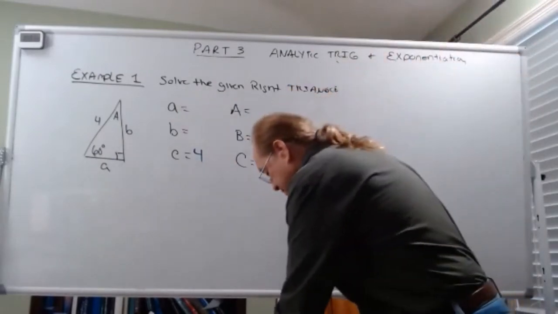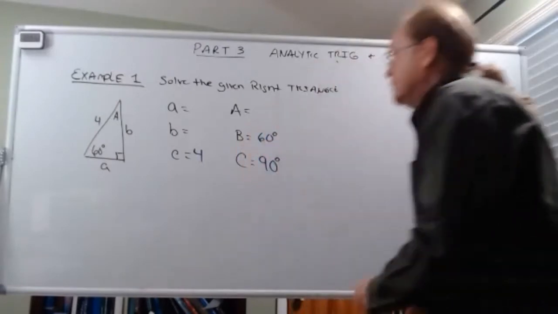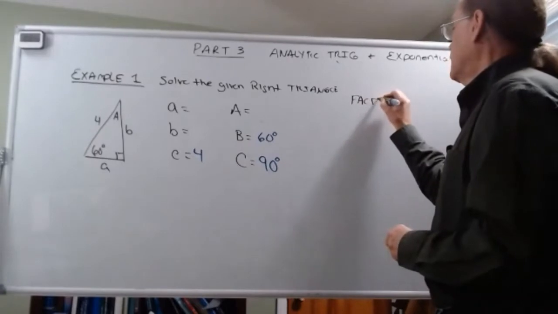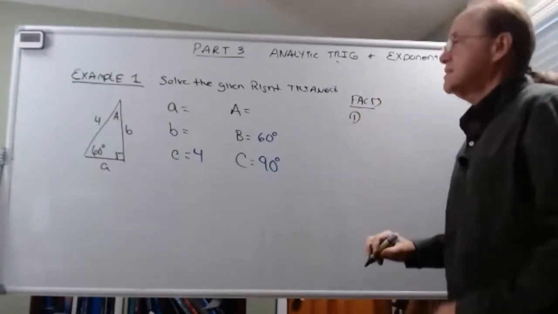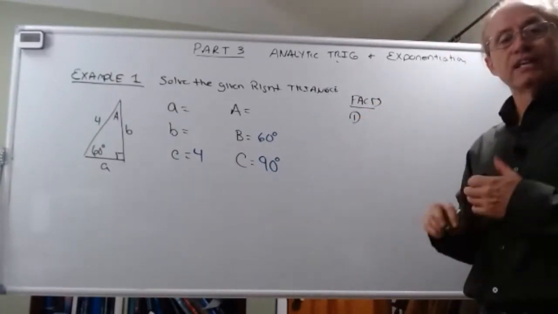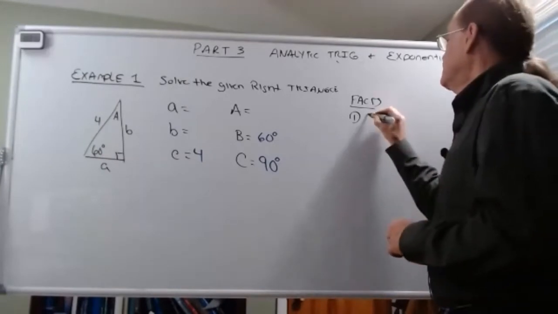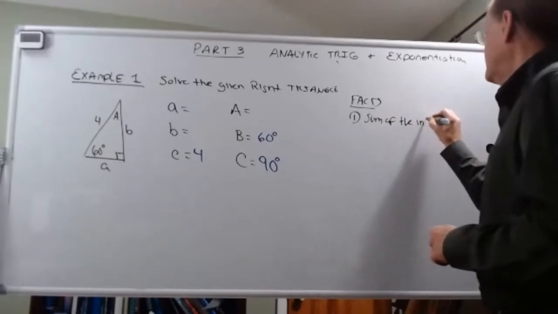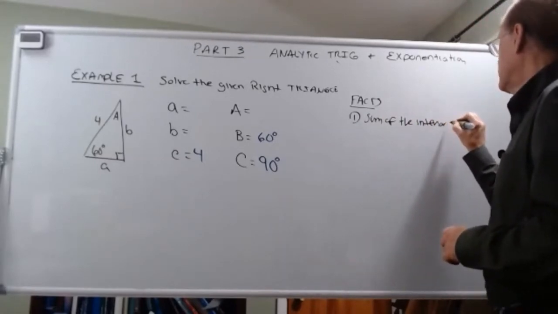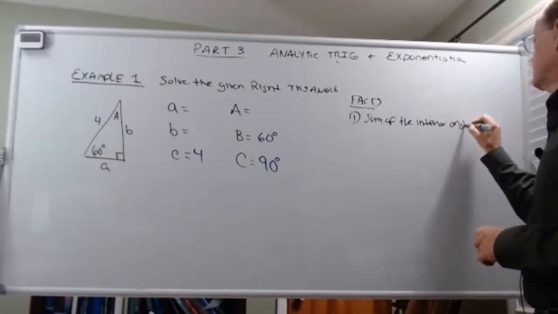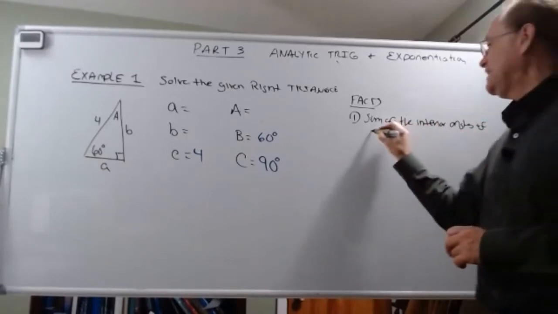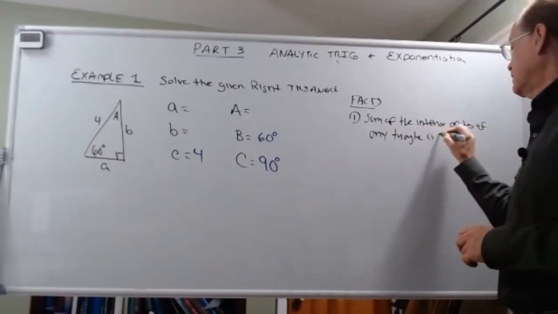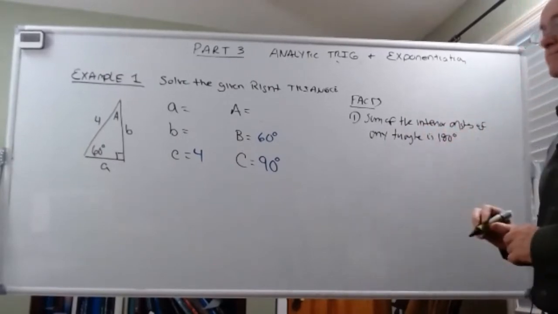Okay, so what are some of the facts that we have? This is what we have, the facts at our disposal. One fact is that the sum of the interior angles of any triangle is 180 degrees.